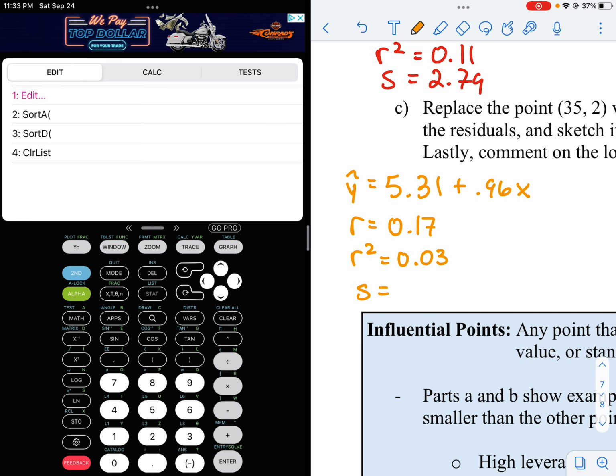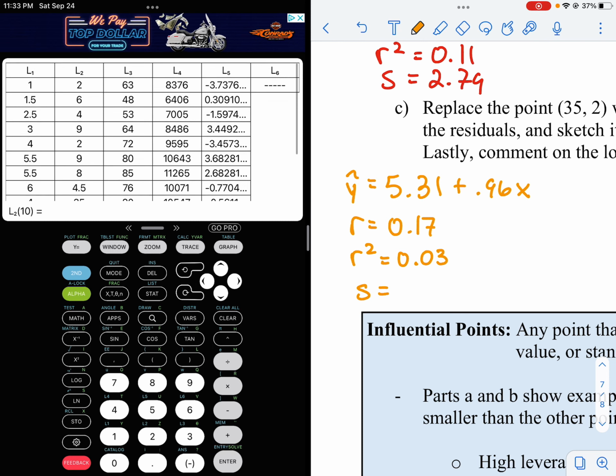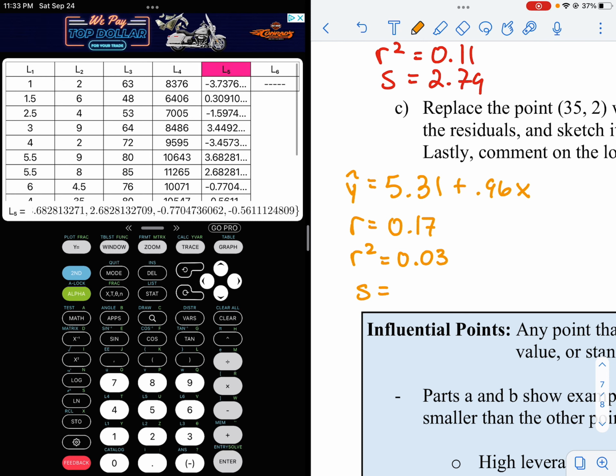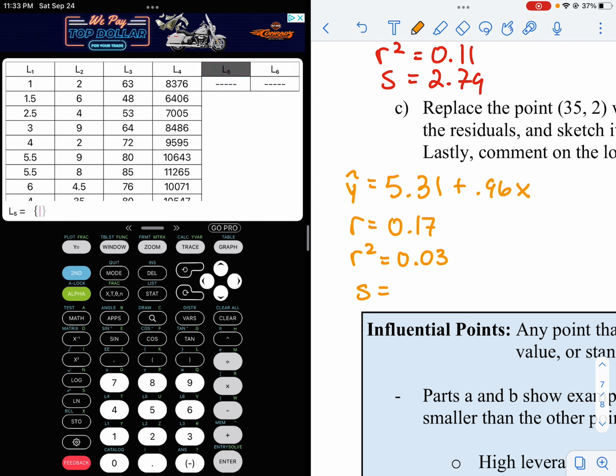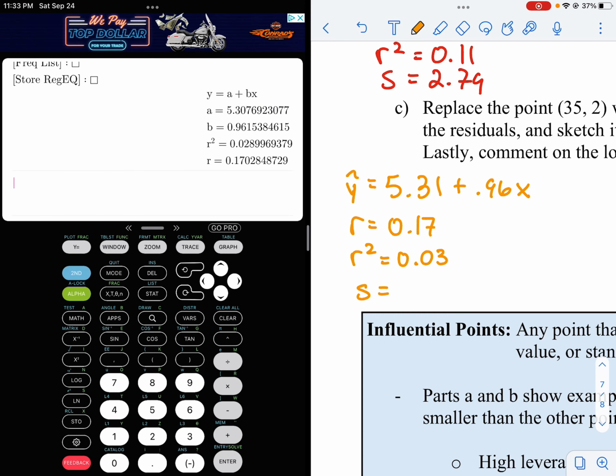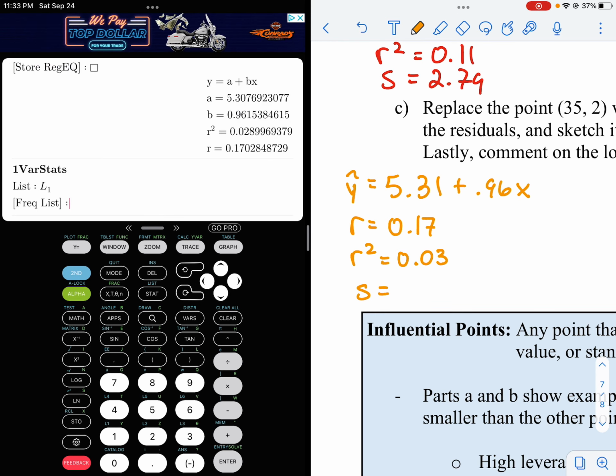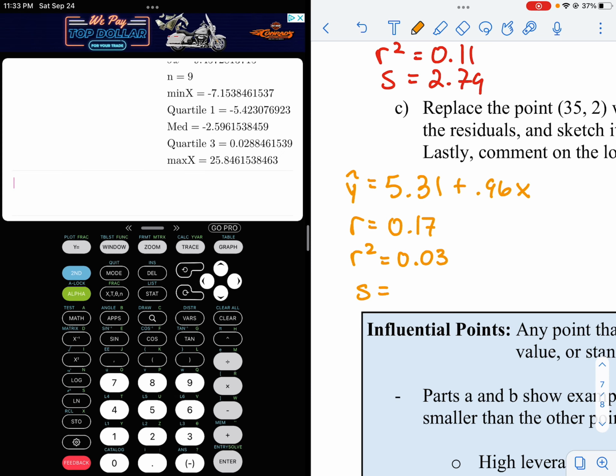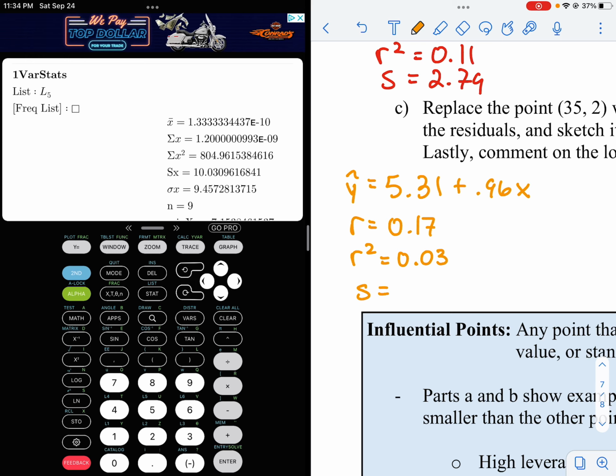And my standard deviation of the residuals will be, sorry, I know this takes a while. Standard deviation of the residuals is 10.03.